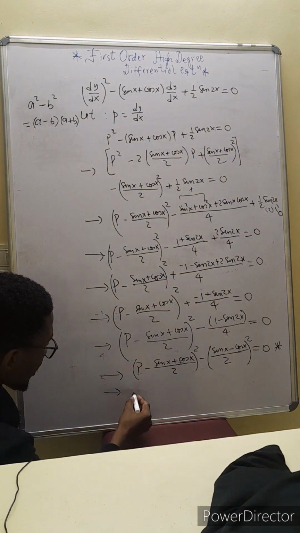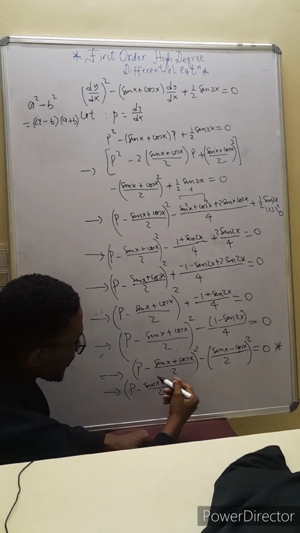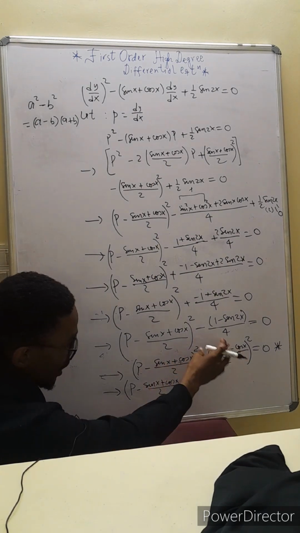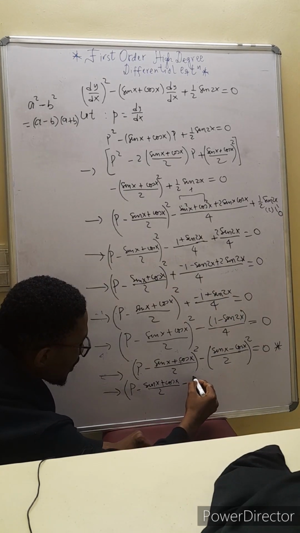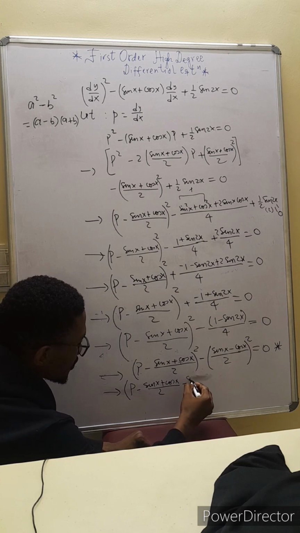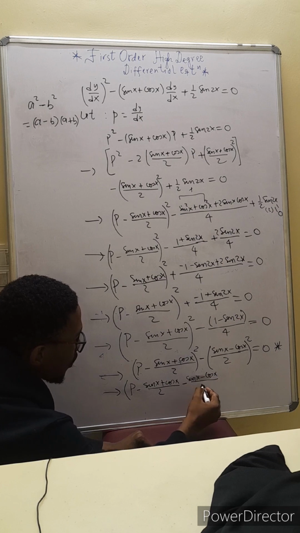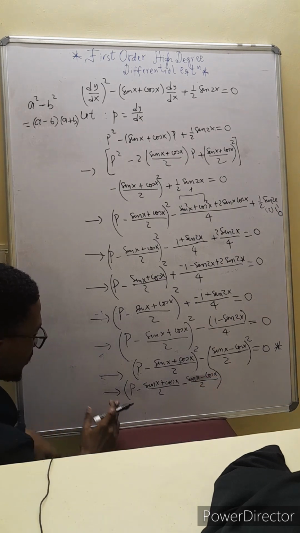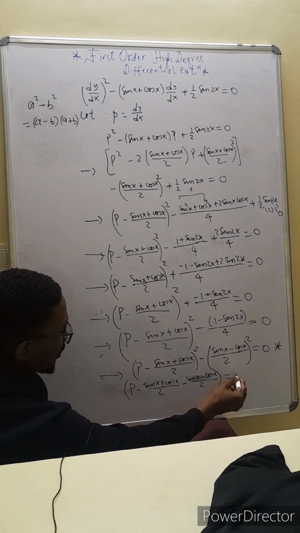So here we will get p minus (sin x plus cos x) by 2, then a minus b, then a plus b, then minus sin x minus cos x all by 2. Here a minus b equals 0.